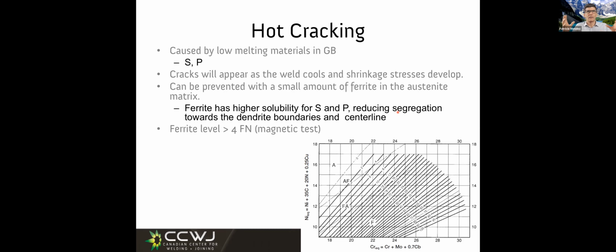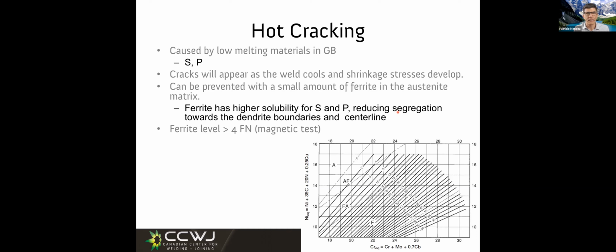So if we have this molten pool of stainless steel solidifying first, let's say, as austenite, the austenite is not taking any of this sulfur and phosphorus, and as it keeps becoming more and more solid, the liquid is richer and richer in sulfur and phosphorus.